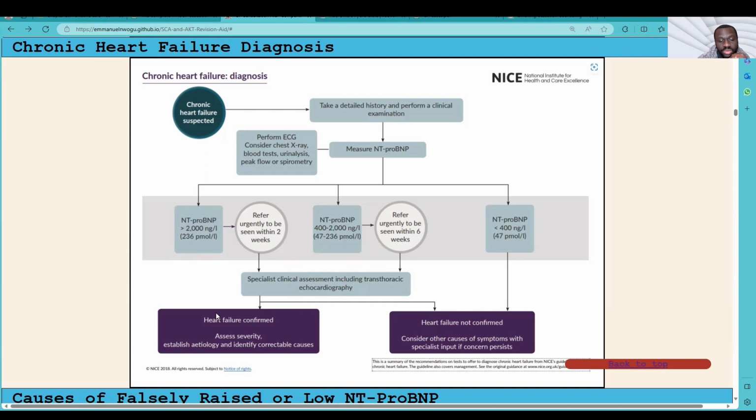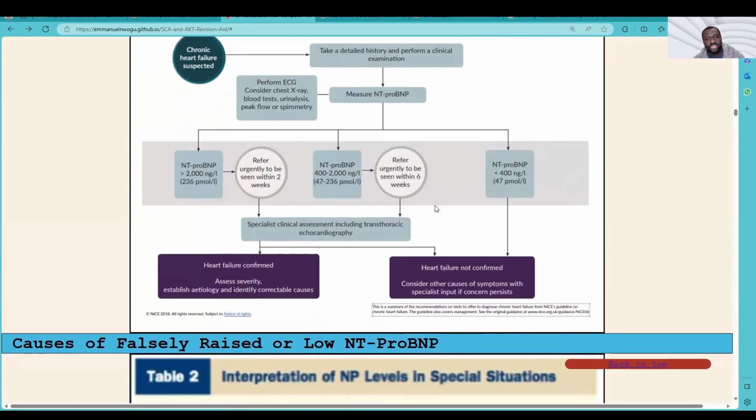The echo will either confirm heart failure or rule it out. If heart failure is confirmed, assess severity, establish etiology, and identify correctable factors. If your BNP is greater than 2000 nanogram per liter, refer urgently to be seen within 2 weeks, and the echo will be performed. So it depends on the BNP level whether the patient is seen within 2 weeks or 6 weeks, but all of them will have an echo anyway.